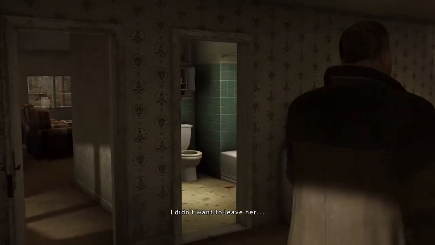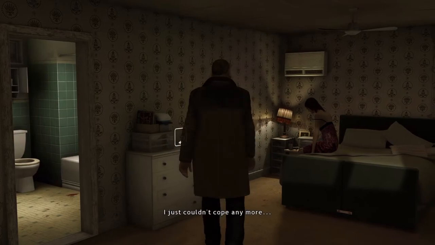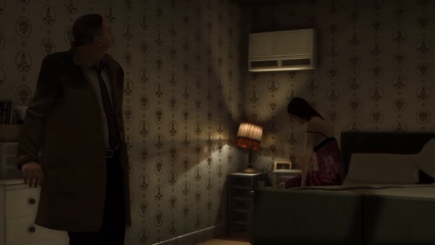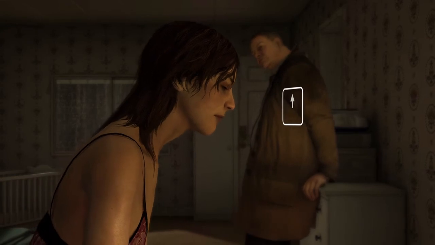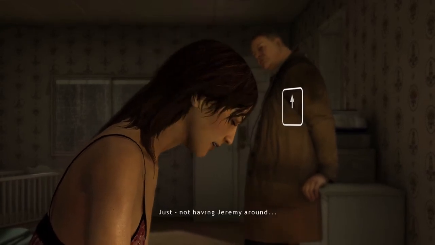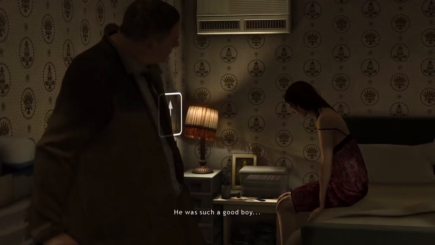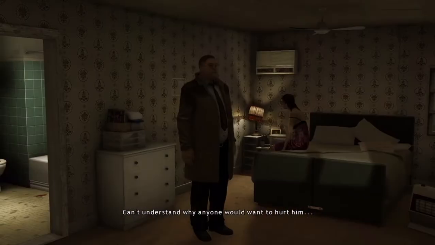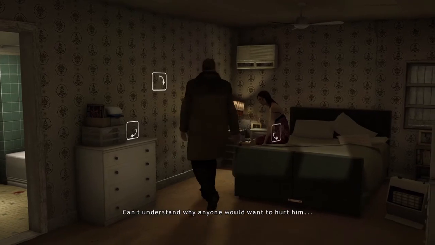I didn't want to leave her. I just couldn't cope anymore. Just not having Jeremy around. He was such a good boy. I can't understand why anyone would want to hurt him.